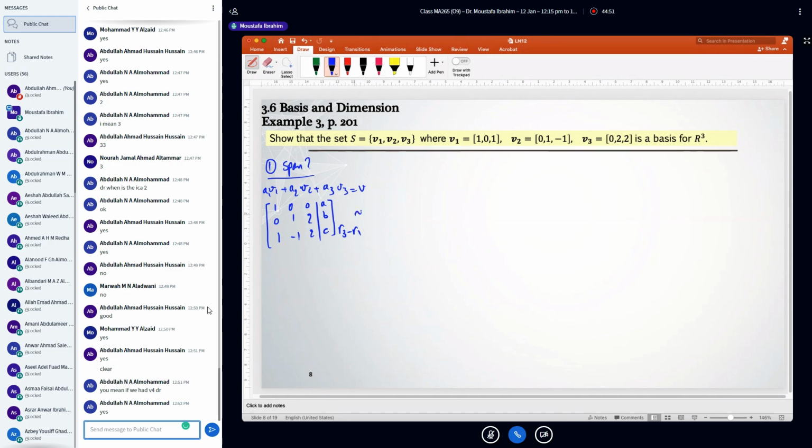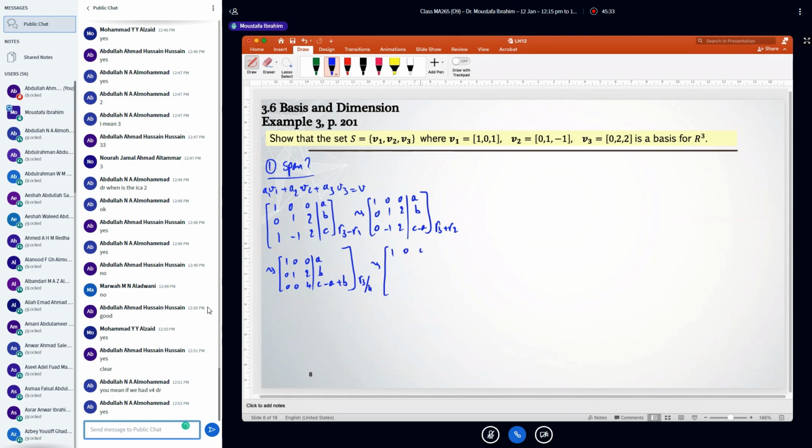R3 minus R1. 1, 0, 0, A. 0, 1, 2, B. 0, negative 1, 2, C minus A. R3 plus R2. A. 0, 1, 2, B. 0, 0, 4, C minus A plus B. Now we divide R3 by 4.